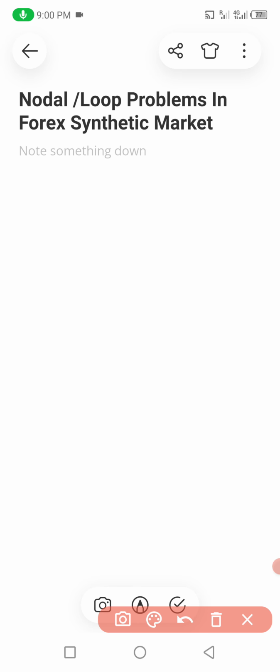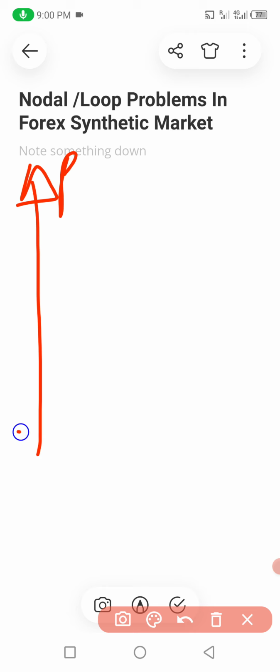Most of the time, in the price time axis, the market creates loops and nodes and it respects them. For instance, I'm gonna use a line chart.